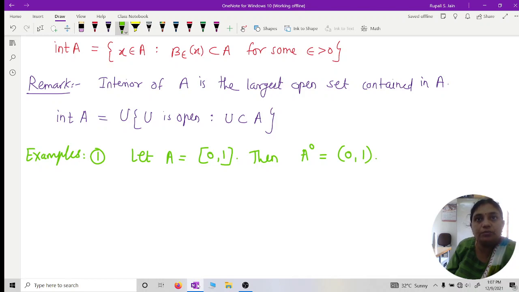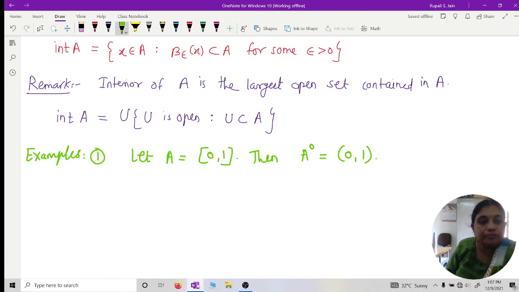We want to prove that it is the open interval (0, 1). So how will we show this? We want to prove every point of the open interval (0, 1) is an interior point of A. You can easily prove this.